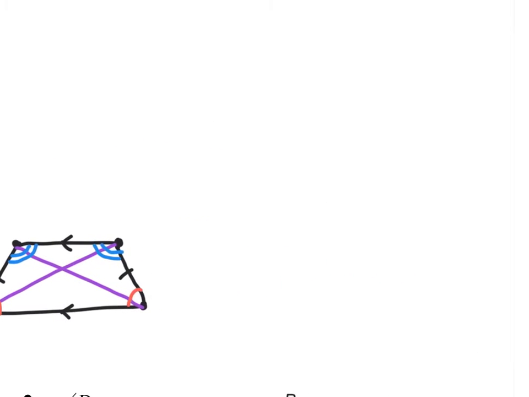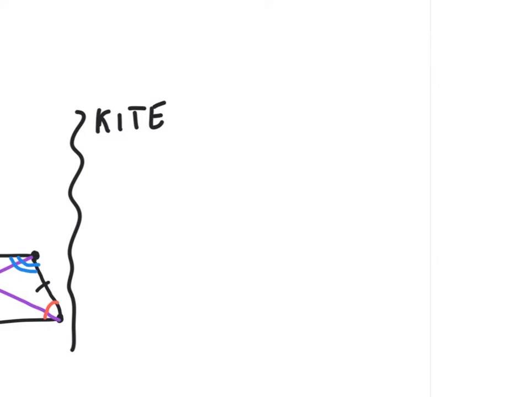The last figure I want to talk about is a kite. A kite is another type of quadrilateral, a special type of quadrilateral. And what I know about a kite, the properties that I have, is that the diagonals are perpendicular, okay?